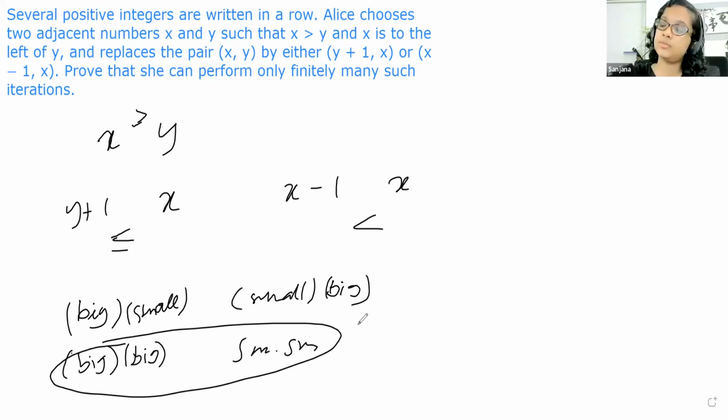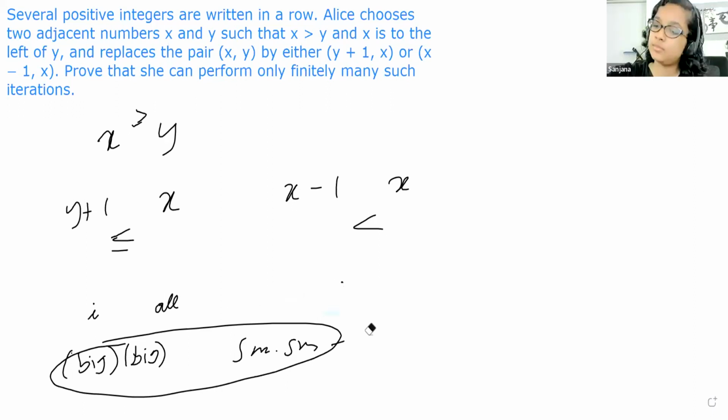So you can use that to establish a monovariant here. If anyone is not convinced by this, you can tell me. It's not that hard to prove. You can just put variables and bash it out.